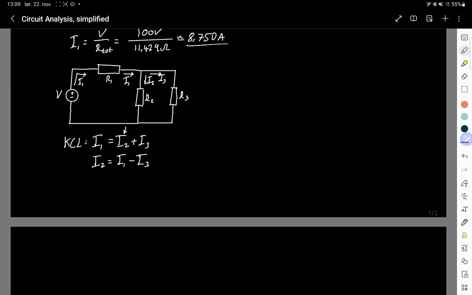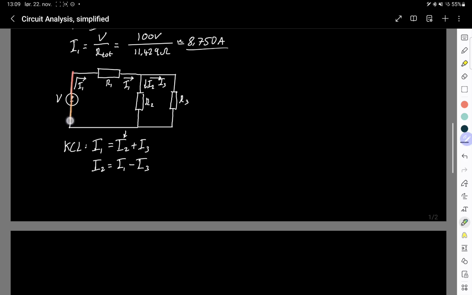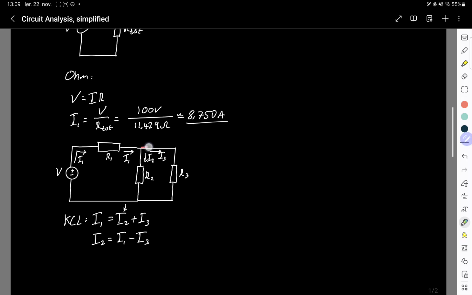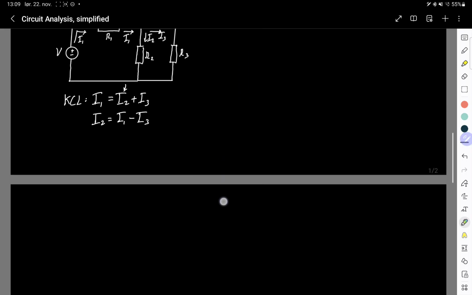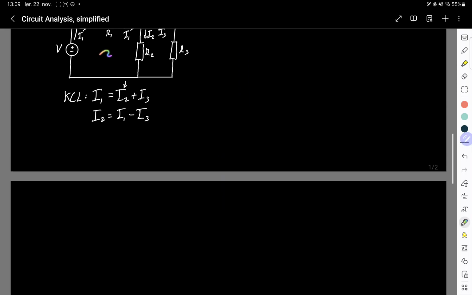Now, Kirchhoff's Voltage Law kind of works like, if you think about this circuit as two very separate and isolated parts. You've got one part there, and you've got a second part here. They are isolated. So what we're going to do is think about this in a circular motion.